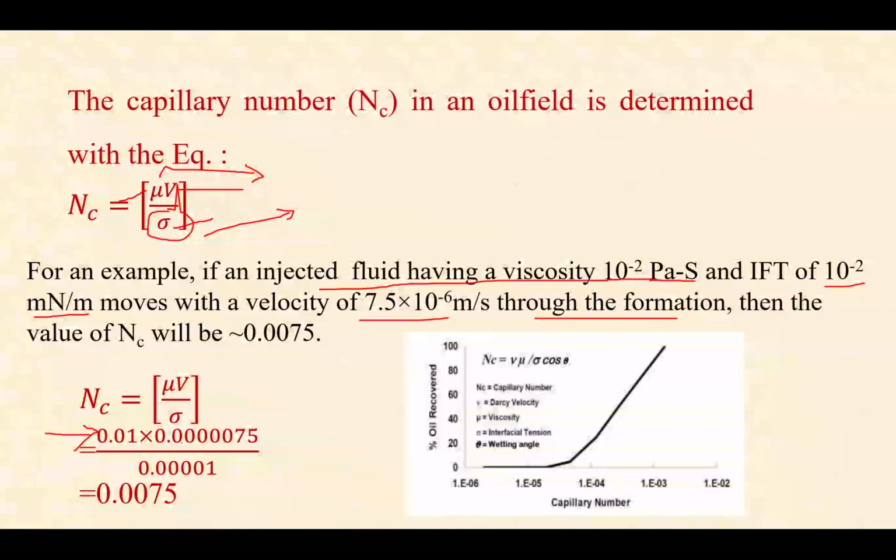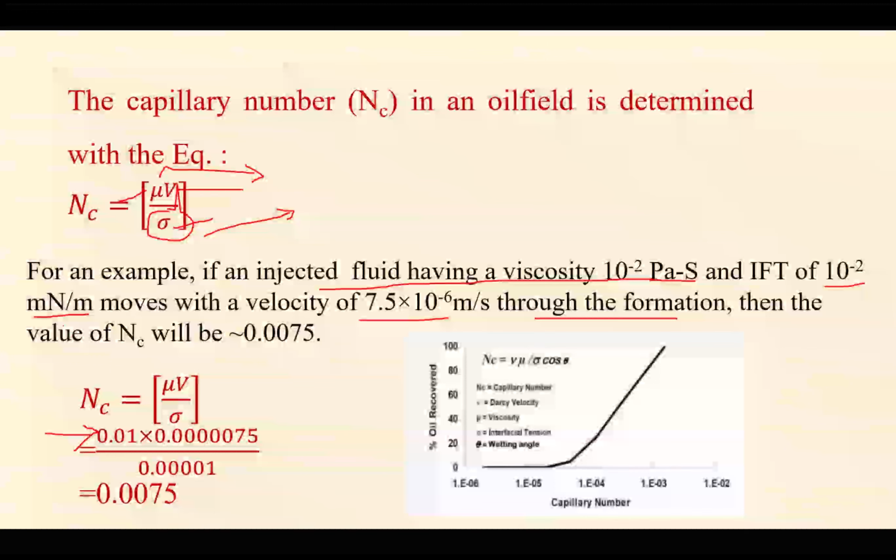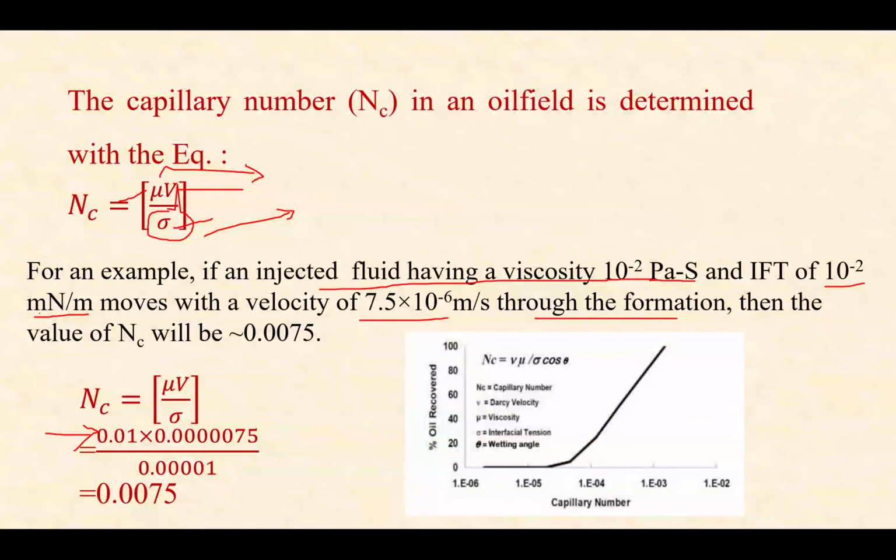So this is the interfacial tension, divided by 1,000 to convert it into Newton per meter. So this is the value of the interfacial tension, and this is the value of the velocity. Then you will get this value.